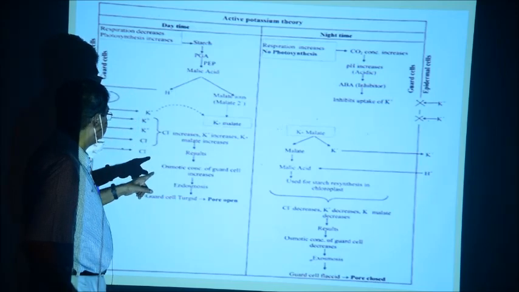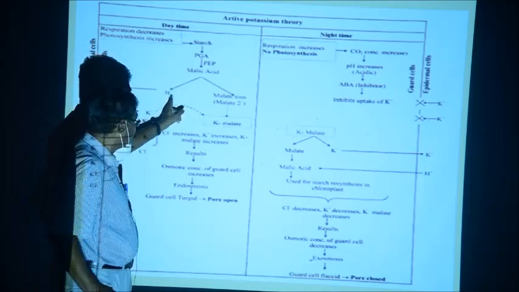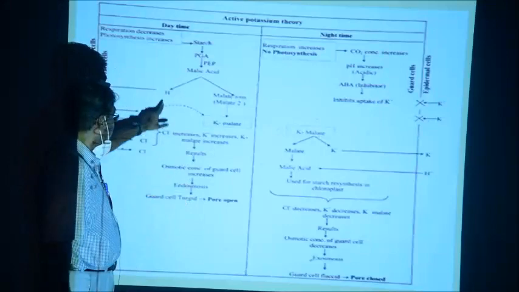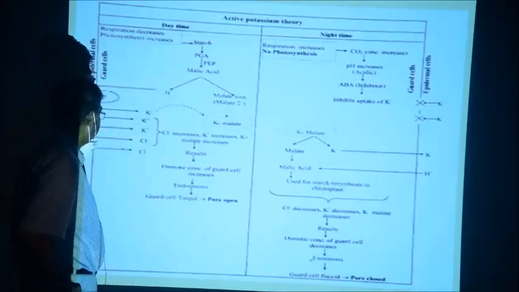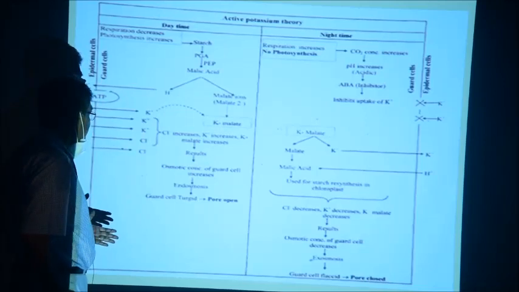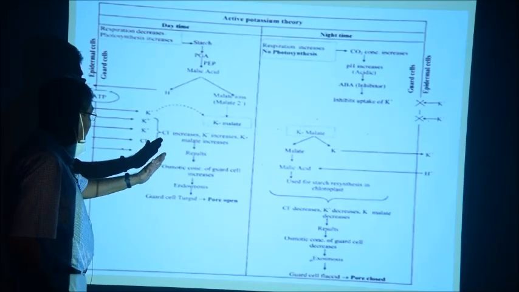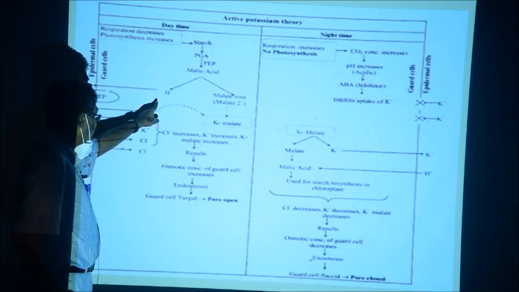After malic acid is formed, malic acid dissociates to form hydrogen ion and malate ion. Now, malate ion is there, but hydrogen ion is formed.